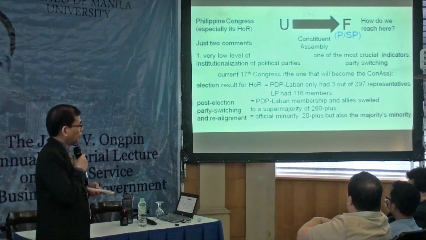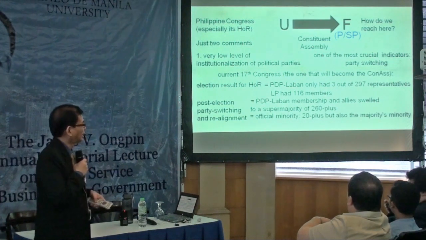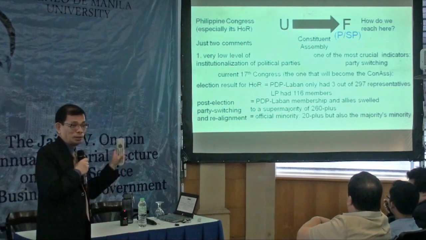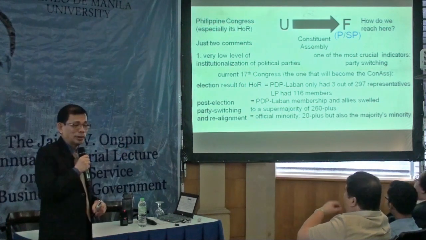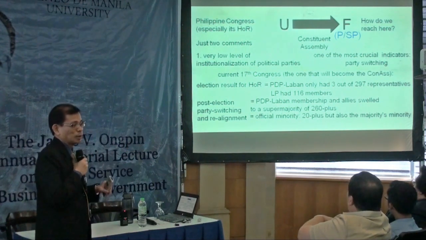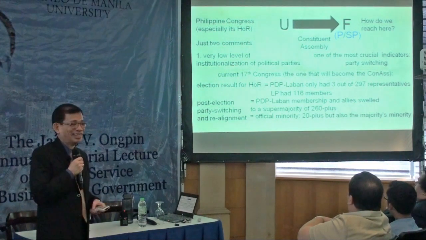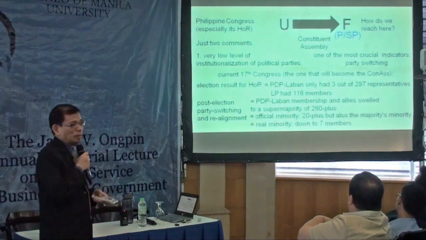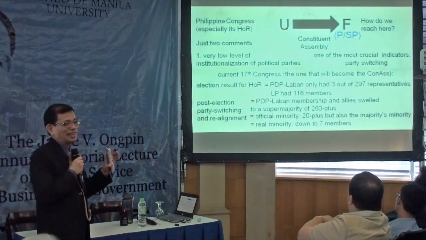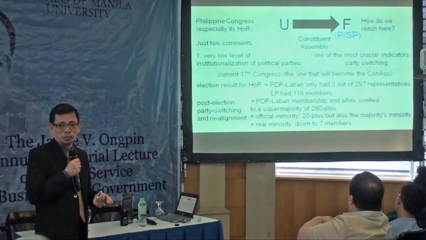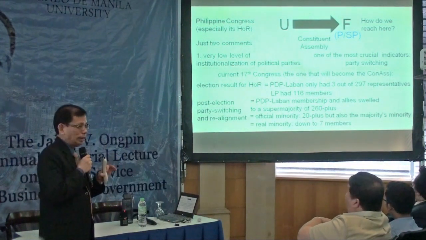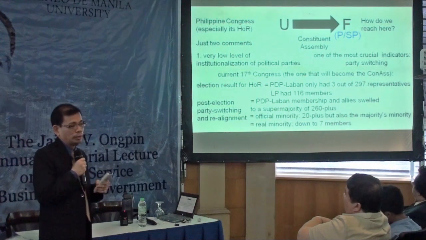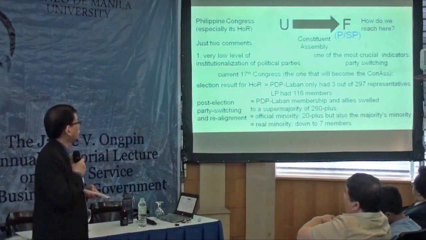The official minority is 20 plus, but it also functions as the majority's minority, and at times it's actually more majority than the majority. And the real minority has gone from 8 down to 7. As of now, it is an overwhelmingly pro-administration coalition.